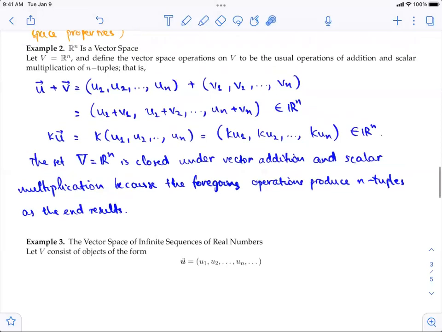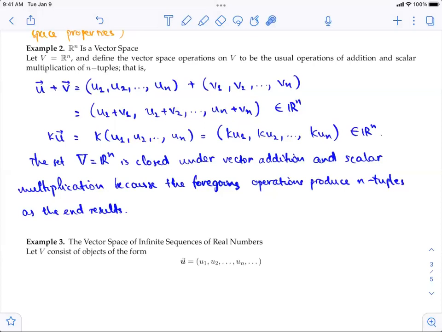You have two n-dimensional vectors added together, and the resulting vector is also n-dimensional. If you do scalar multiplication on an n-dimensional vector, the resulting vector is also n-dimensional. So therefore, you say that V is closed under vector addition and scalar multiplication.